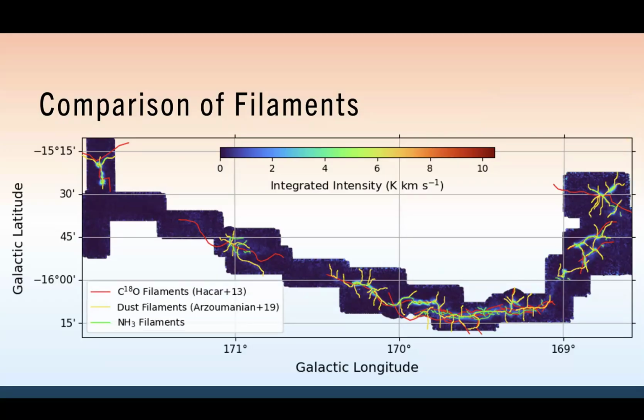This is especially so in comparison to the ammonia filaments, where they cover the least extended structure. As I mentioned at the beginning of the talk, ammonia is generally an intermediate to high density gas tracer, so it'll be a lot more clumped up compared to the CO and the dust, which will be more extended in structure.